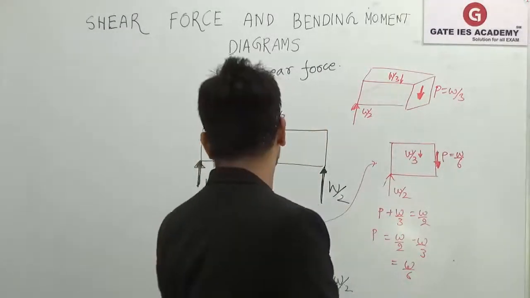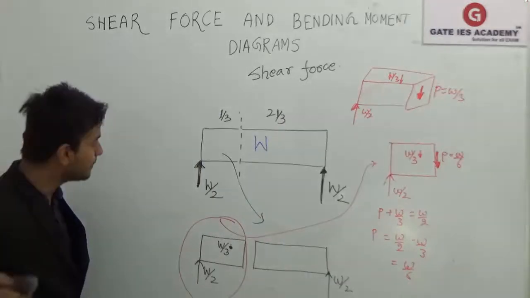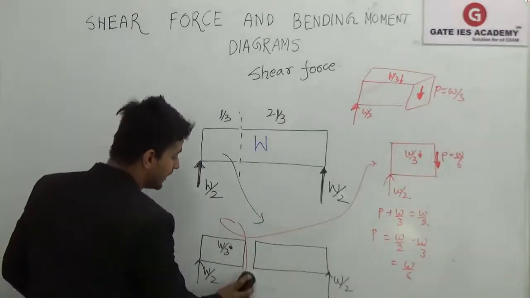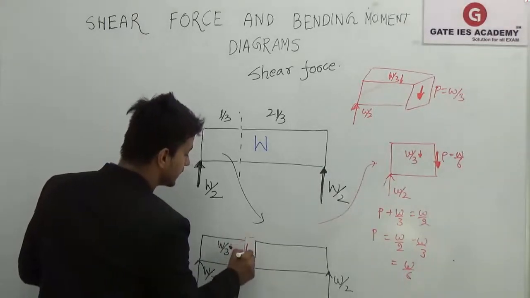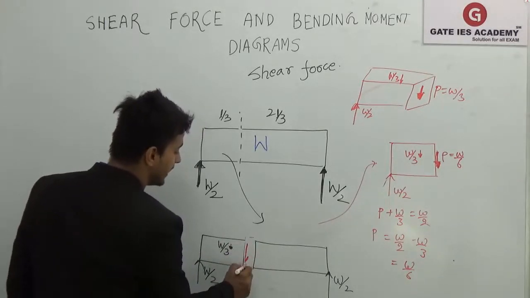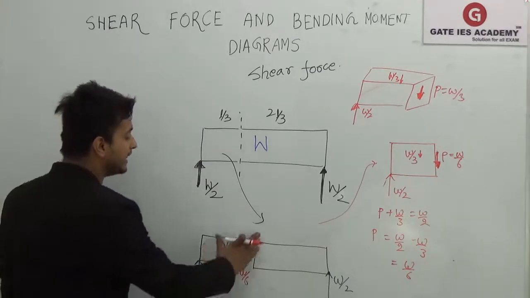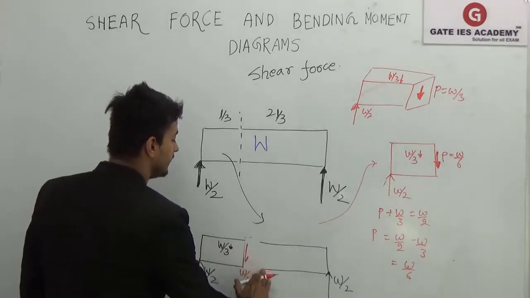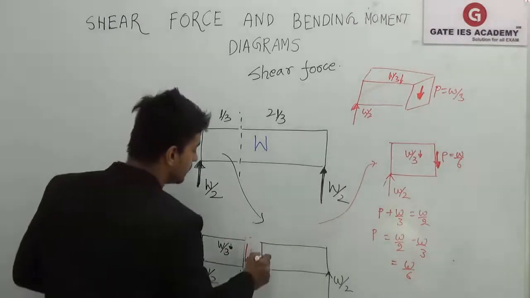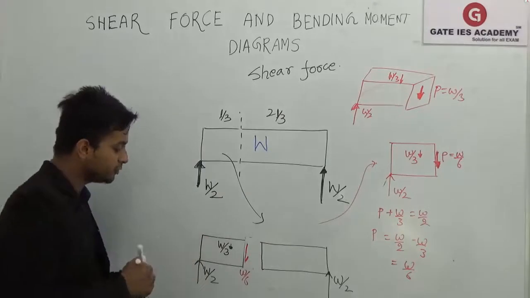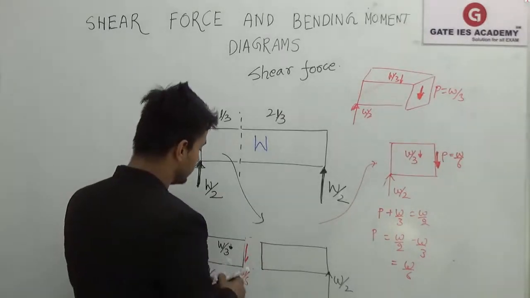So now, if there is a P of W by 6 applied on that particular thing, here I know that there is some shear of the surface in the downward direction, and that is equal to W by 6. So obviously, to balance that, when you combine both of these together, there should be one more loading. When you combine, there should be one more shear, and similarly, this will be 2W by 3 over here.